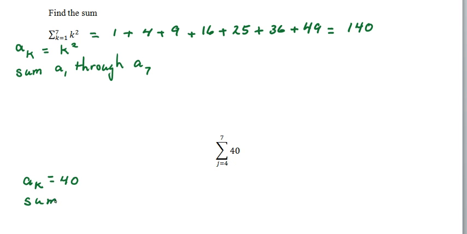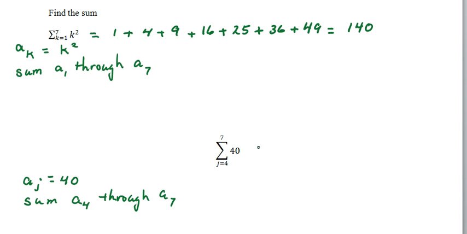And we are supposed to sum, and notice I used k there just out of habit, but the index we were given this time is j. So the general term a sub j would be 40, and we're supposed to sum a sub 4 through a sub 7.